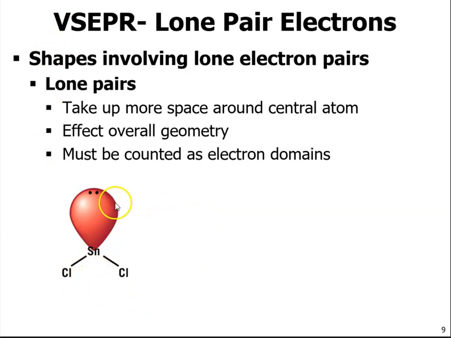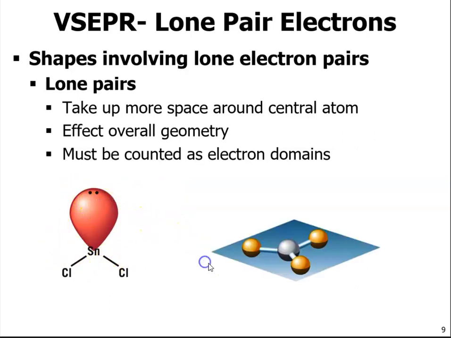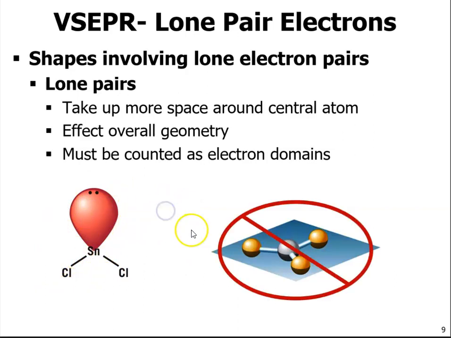We wouldn't necessarily call this a trigonal planar shape because we don't count those non-bonded electrons as part of our geometry for the molecule. It will have a role in the shape of the overall compound, but that's not how we count the domains. We'll talk about that in a little bit, but this causes the bend in the molecule.